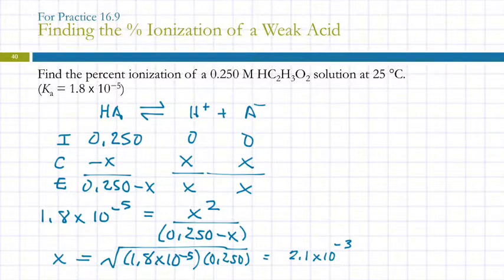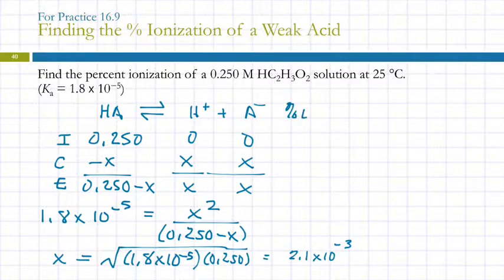When we divide that by what we're subtracting it from, I come up with 0.8%. So that's cool. For percent ionization, we need the initial concentration of our weak acid, and we need the hydronium ion concentration. When we find X, we are finding the hydronium ion concentration.